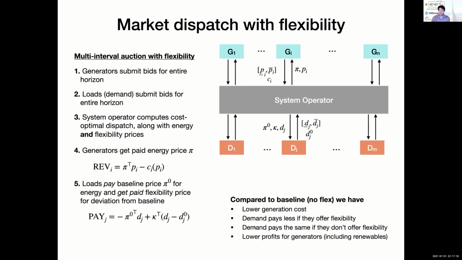The demand pays the same as they would have under the baseline if they don't offer flexibility. And importantly, which I'll discuss later, profits for generators decrease. So generally what happens when we dispatch flexibility is that this price pi decreases, and that means lower profits for generators.